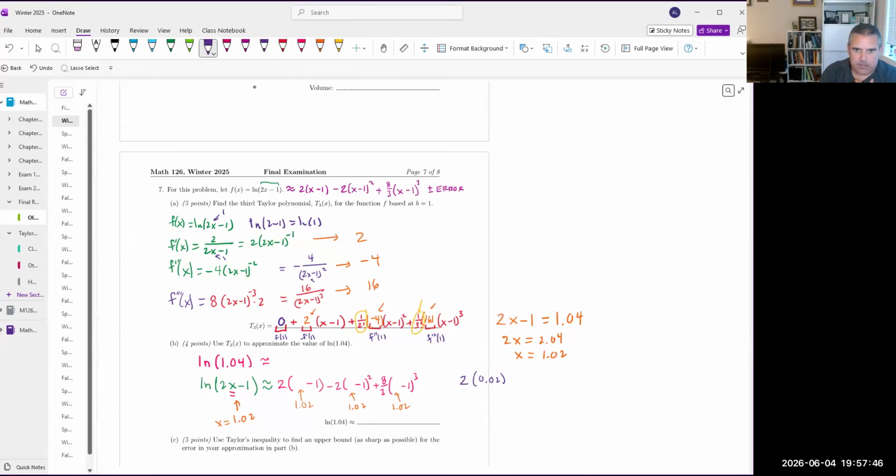So the answer is going to be this minus 2 times this squared plus 8/3 times this cubed. That's going to be pretty close, I bet. And the reason it's 0.02 is because I'm subtracting the 1.